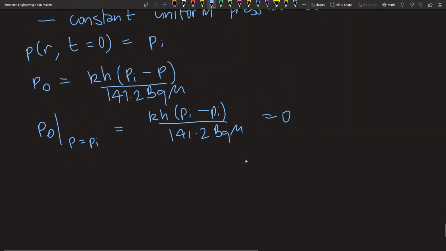So we can actually rewrite the condition simply as p sub d of r sub d, t sub d equals 0 is 0.